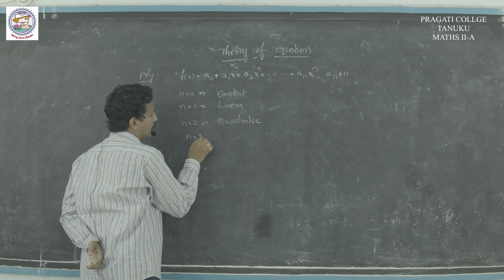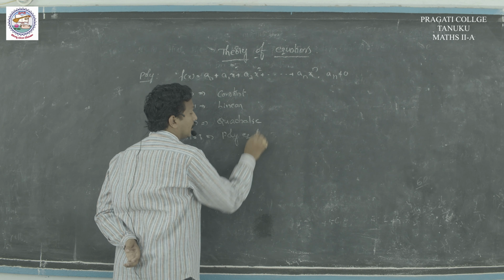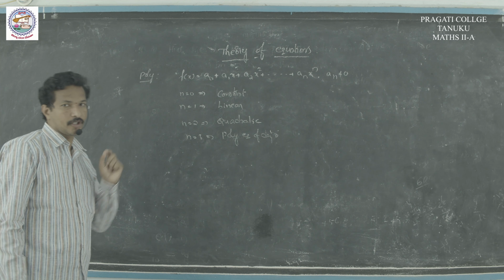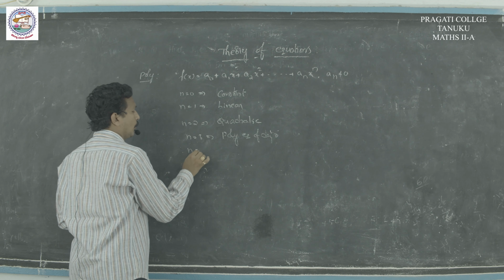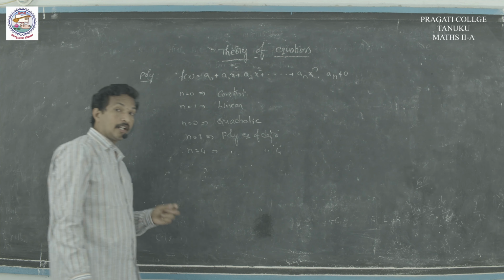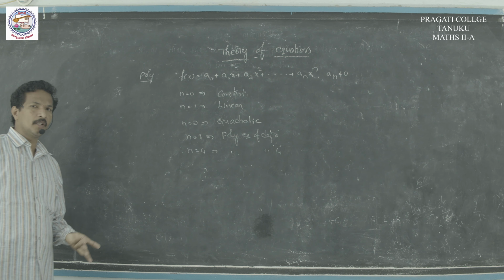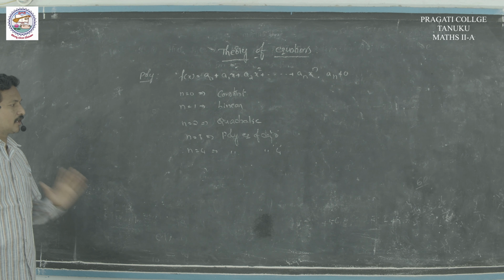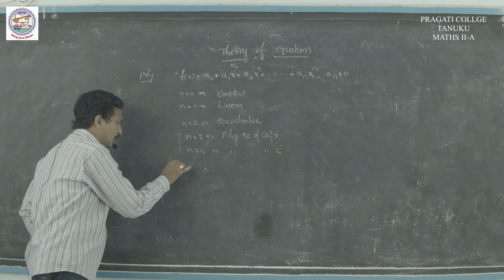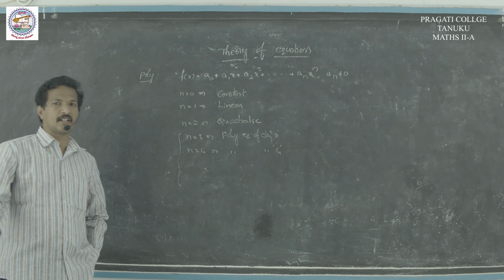N is equal to 3, it is a polynomial equation of degree 3 or a cubic equation. N is equal to 4, then it is a polynomial equation of degree 4 or a biquadratic equation. In case n is equal to 5, then it is a polynomial equation of degree 5, and so on. So how to solve this type of equations, that means polynomial equations of degree 3, degree 4, degree 5, degree 6, etc.?